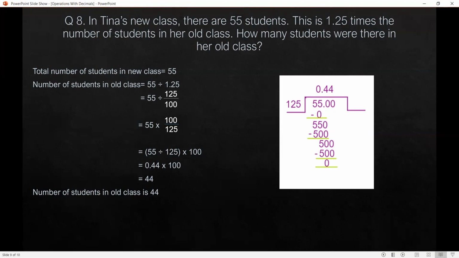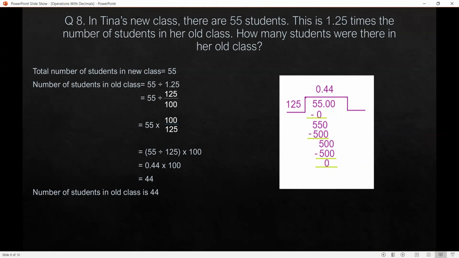So when we solve the division in the fraction, we change the division into multiplication and write the reciprocal of the number. And 125 upon 100 will become 100 upon 125. That is the reciprocal.